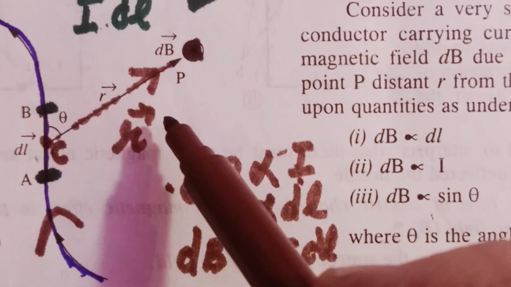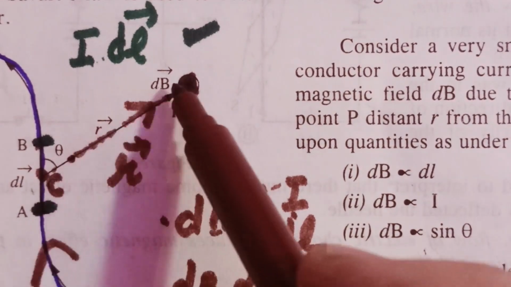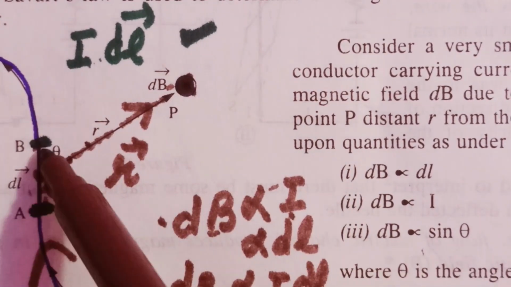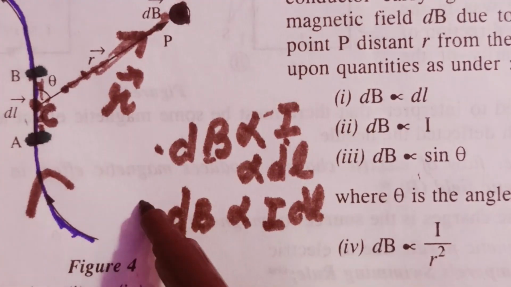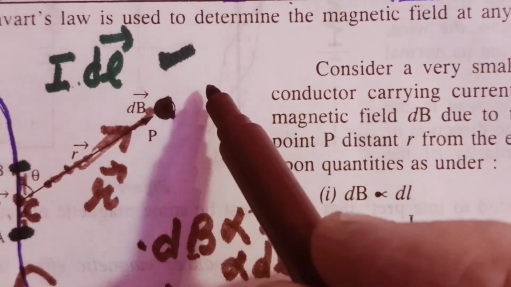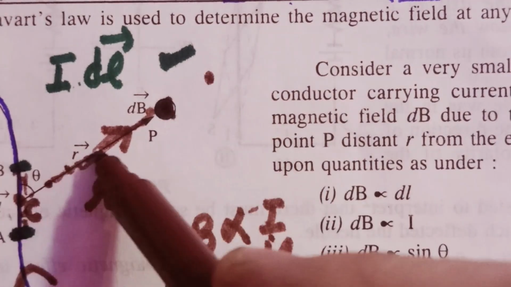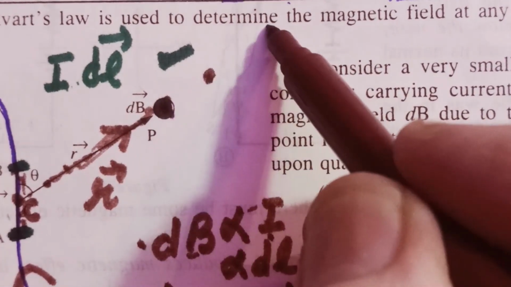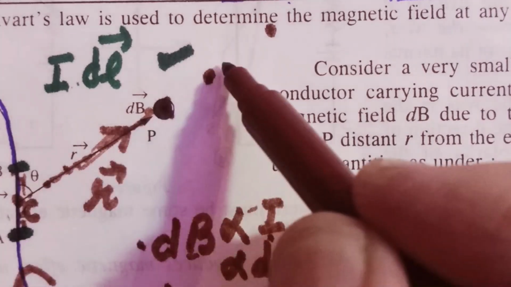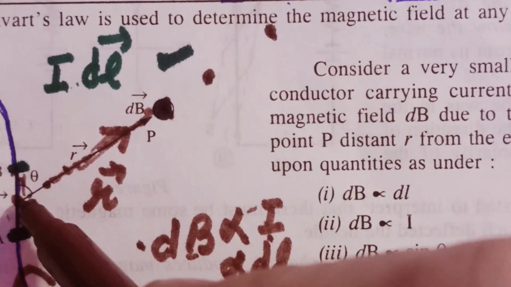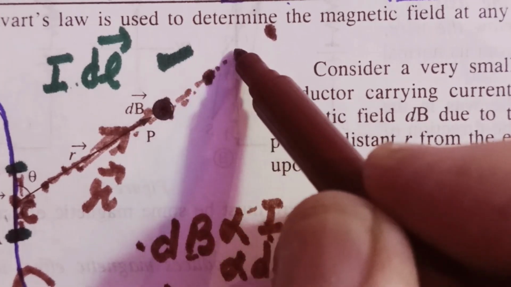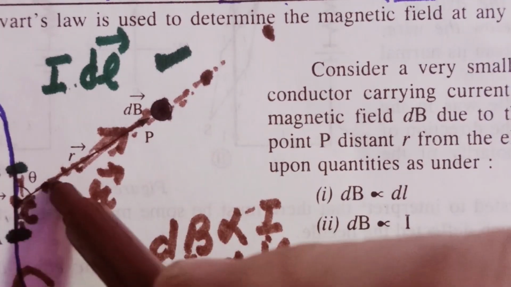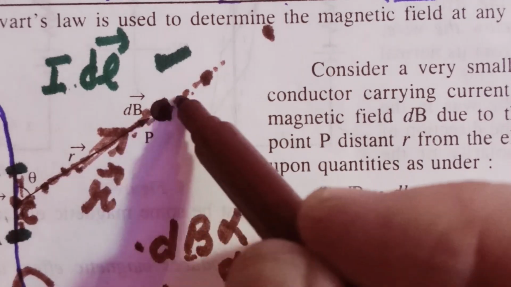Now, if you are very near to the length element or current element, then the field will be strong. If your point is here, the field becomes weaker. If here, the field becomes still weaker. Meaning the field goes on decreasing as you go away from the center of the length element.